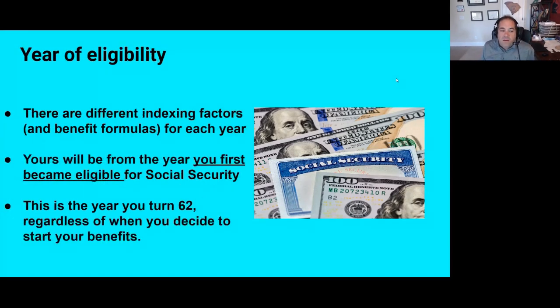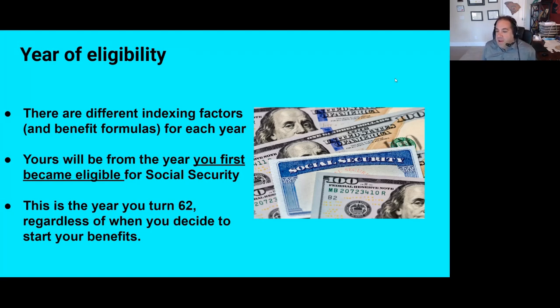So before we go on, it's important to discuss the concept of your year of eligibility. So there are different index factors for each year of eligibility. So the one we just saw for 2000, that was the 2025 year of eligibility. So your year of eligibility, and this is kind of a key thing to know for Social Security purposes in general, is the year you first become eligible, meaning the year in which you turn 62 years old.